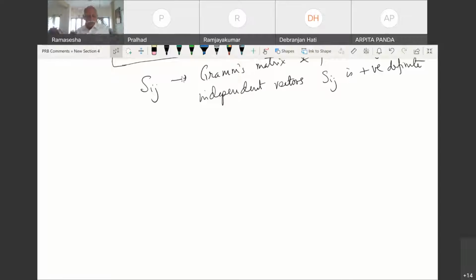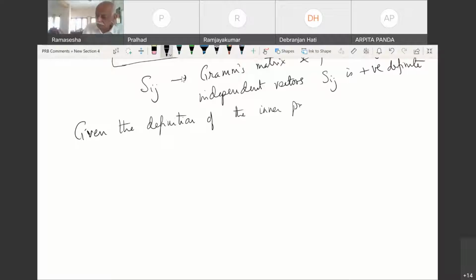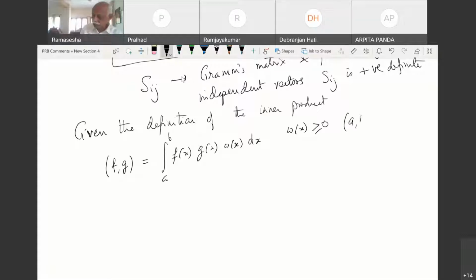Okay, now given this, with w(x) dx and w(x) greater than or equal to 0 over [a, b], what it means is the following.